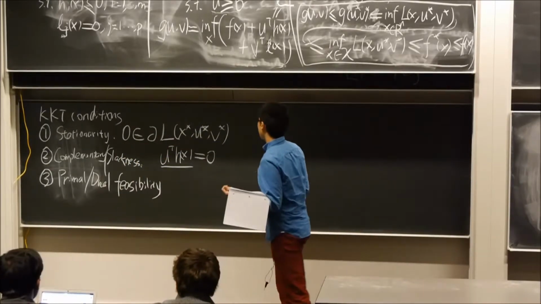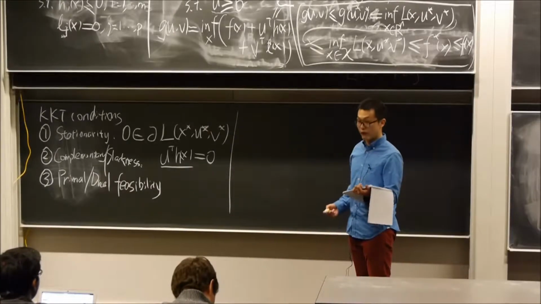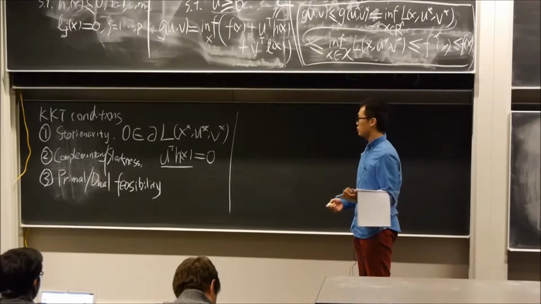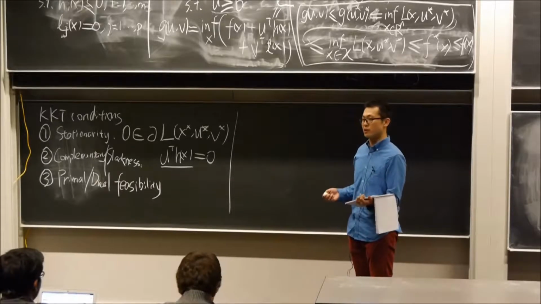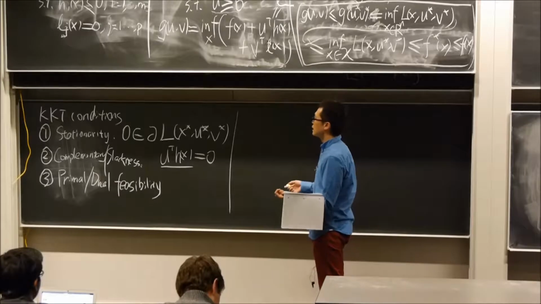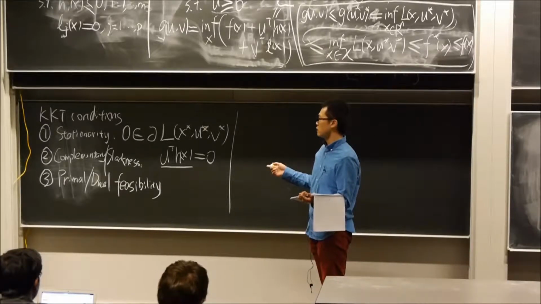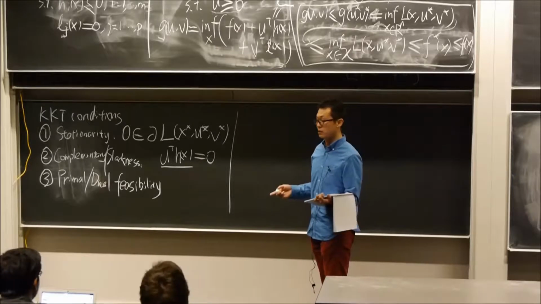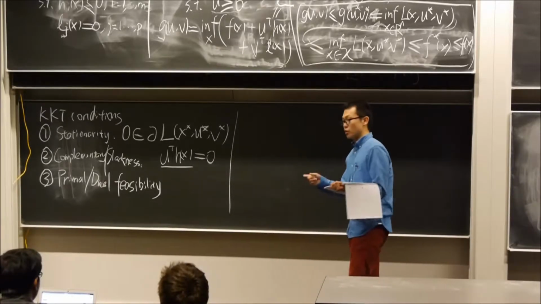Okay, now let's get on to the examples of how to actually derive the dual optimization, as promised in class. After that we'll have one or two examples on how to use KKT conditions.